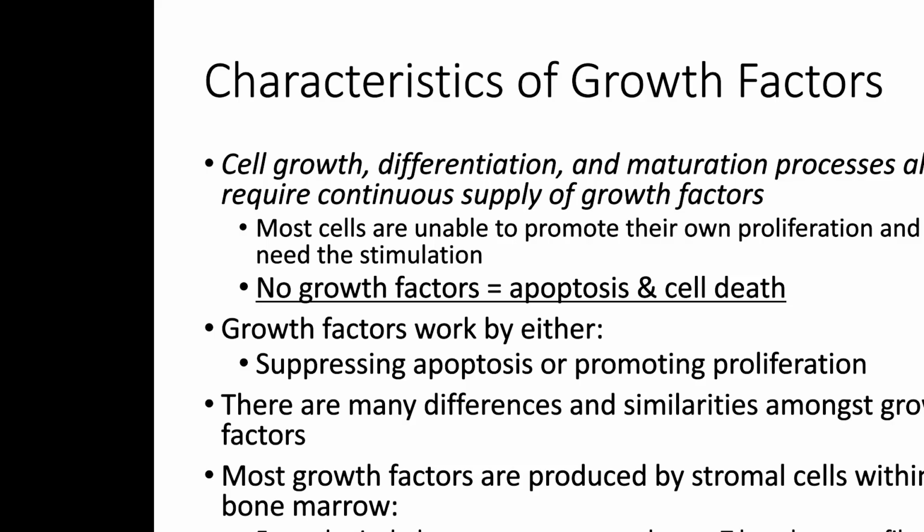Growth factors will either suppress apoptotic signals or promote proliferation. But they're both getting to the same thing. It's going to tell the cell to continue living on, or don't die. There's a lot of differences and similarities, but they're all just going to go to the same effect.